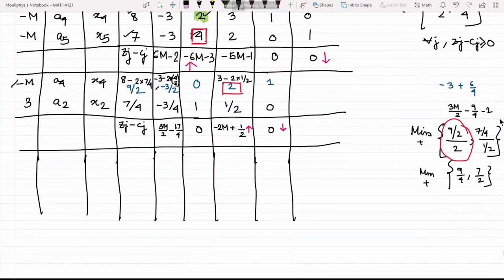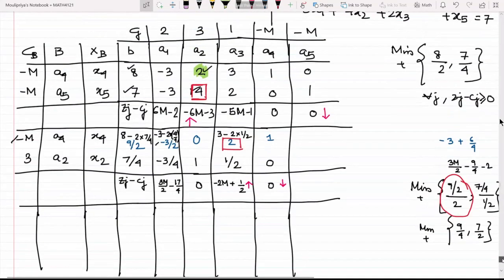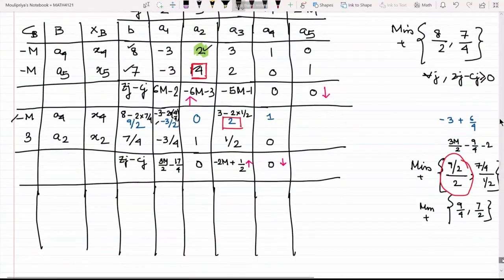A4 would be replaced by A3. Am I correct? So we would be writing A3 x3, the corresponding cost parameter being 1. The second row, the first 3 elements would be the same. That is 3A2 x2.